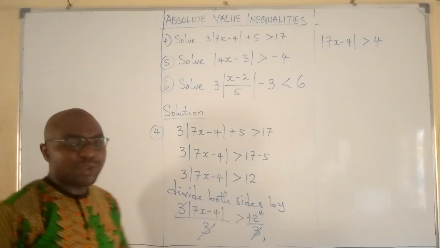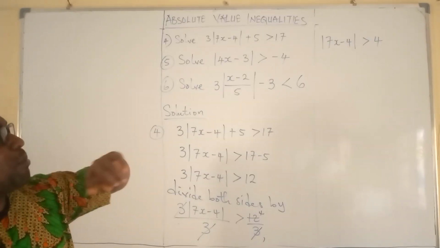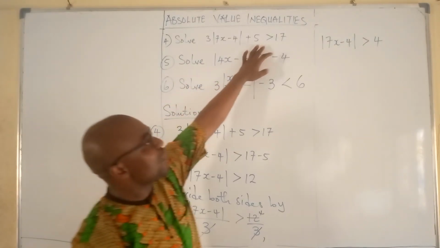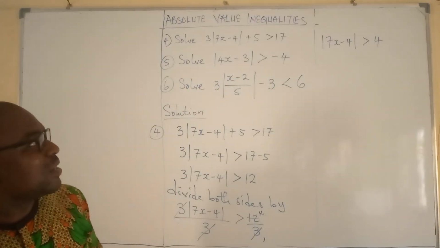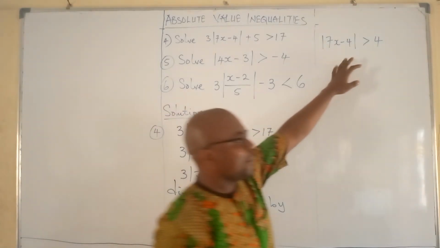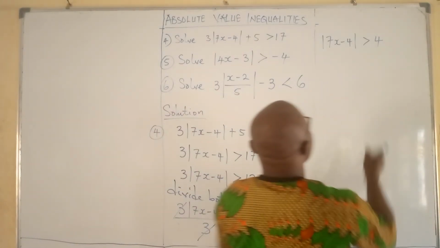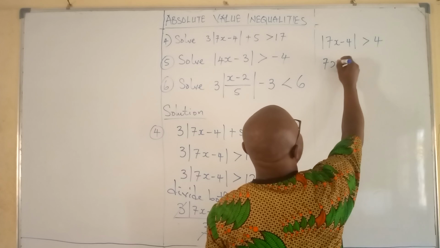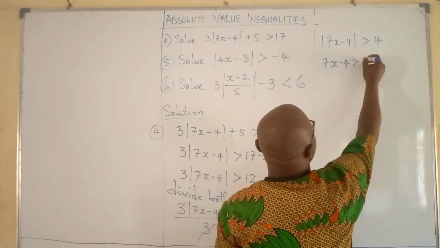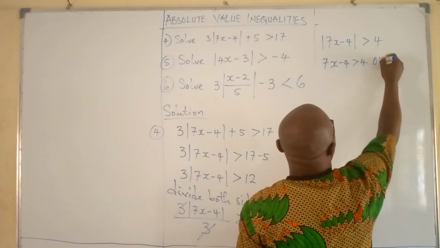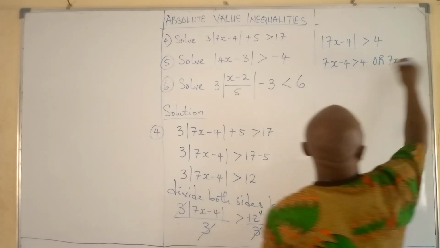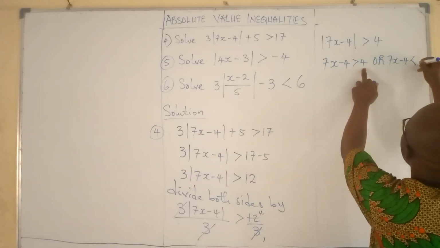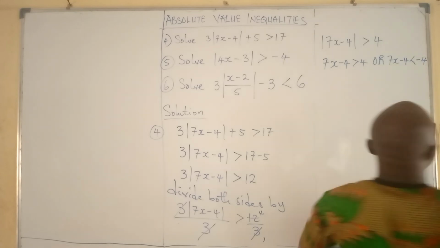In absolute value inequalities part 1, I made a statement that if it involves greater than, we use the word or. If it involves less than, we use the word and. So since we have a greater than sign, this expression becomes 7x minus 4 is greater than 4, or 7x minus 4 is less than minus 4. The sign changes to less than, and the 4 also changes to minus 4.